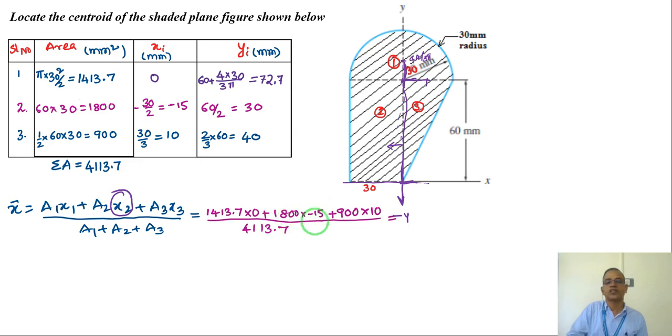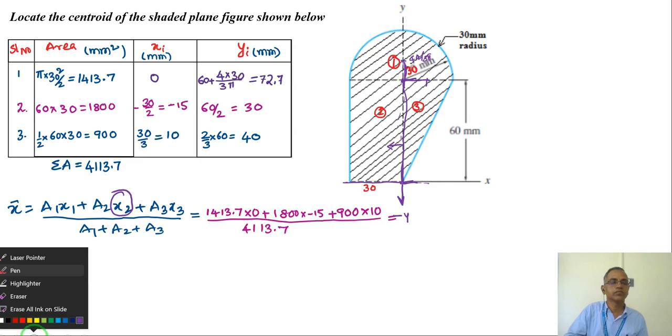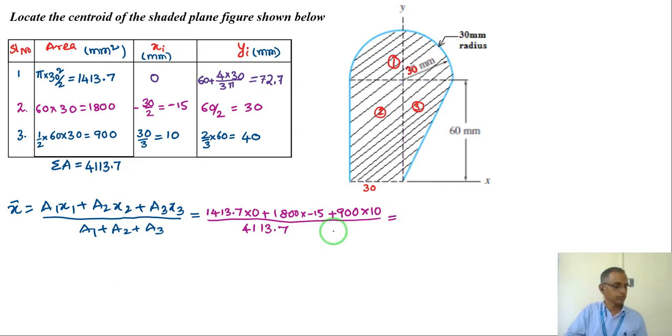So that way I'll subtract this. So I got minus 4.4. That means my x coordinate is on this side at a distance of 4.4 in the left hand side, somewhere in the line like this.